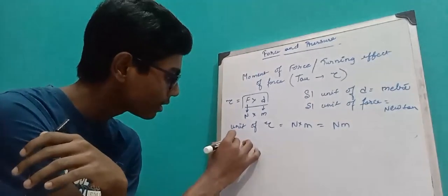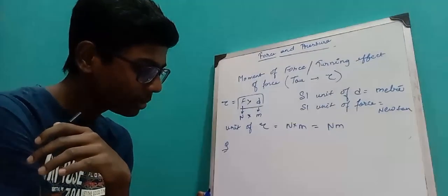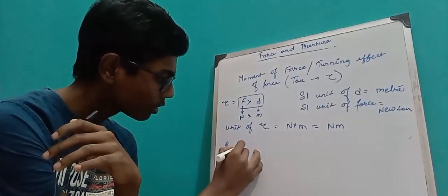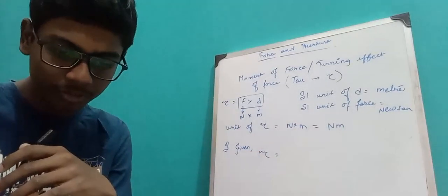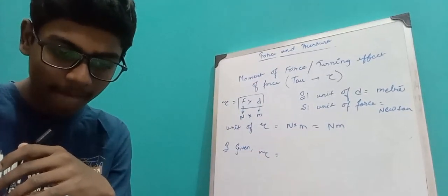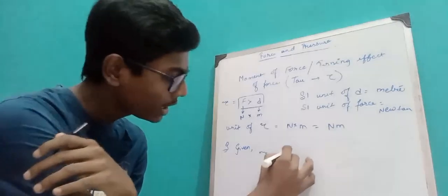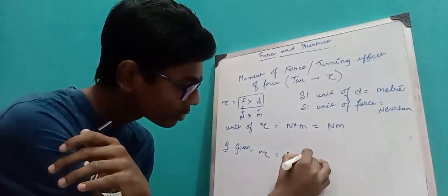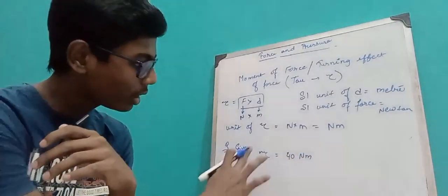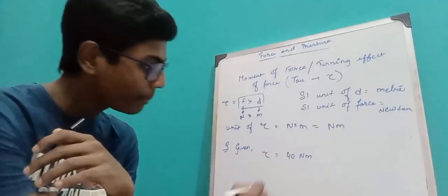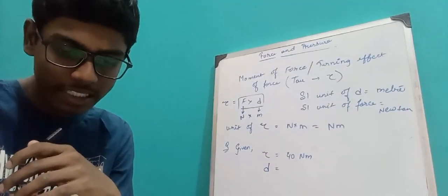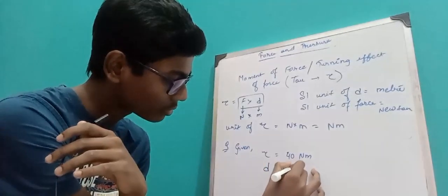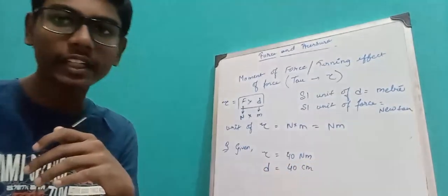So what is the given information? Given tau is 40 Newton meter, and the perpendicular distance is 40 centimeter.